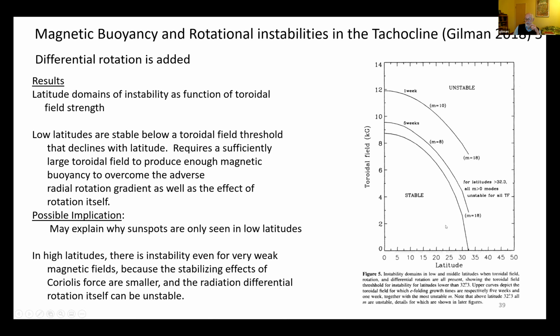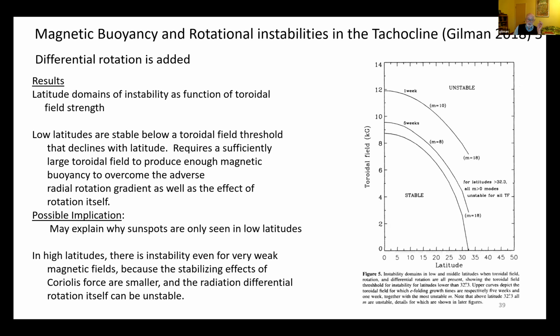This, I submit, is extremely suggestive of what's going on in the sun with the latitudes where sunspots form, because this instability, magnetic buoyant instability, has to get above this threshold at that latitude. And that threshold goes down as you go up to high latitudes, but its width is very similar to the domain of sunspots that we actually see. And that may be an explanation of why sunspots are only seen in low latitudes.